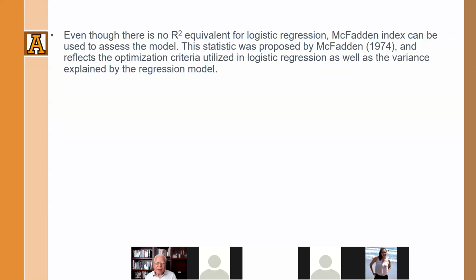Okay, now in regression analysis, there's what we call the R-square. In regression analysis, R-square is the coefficient of determination. The R-square has an interpretation in linear regression, and it measures the percentage of variability that is explained by the linear regression model.